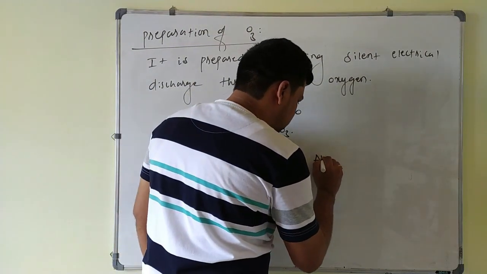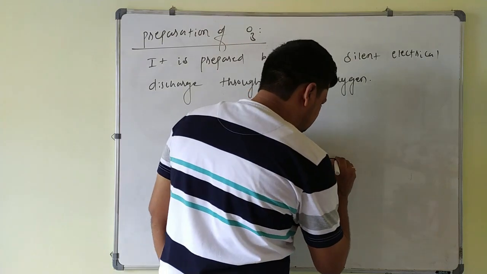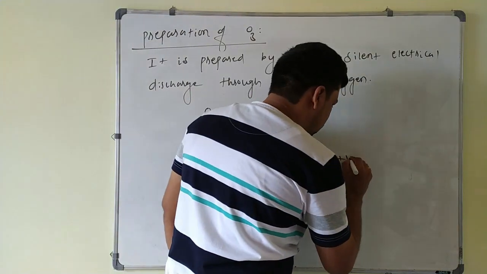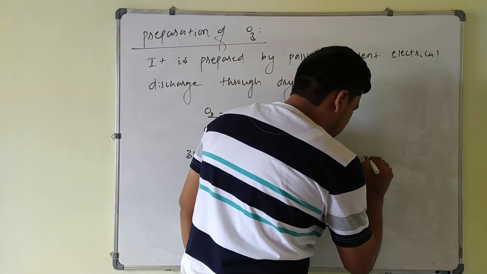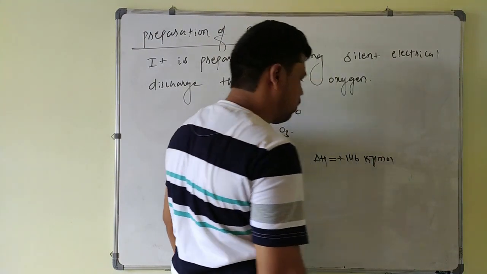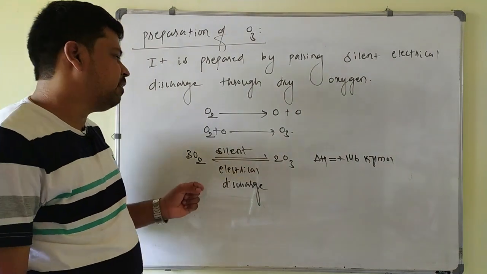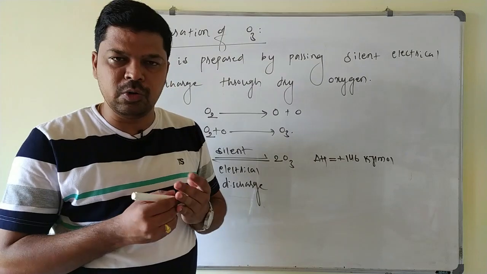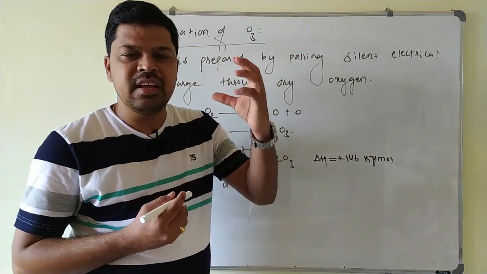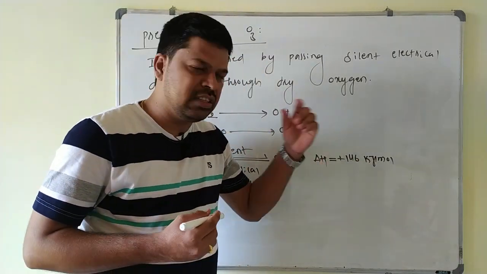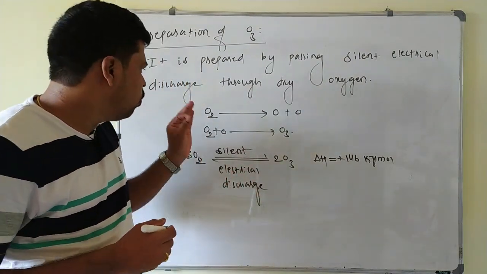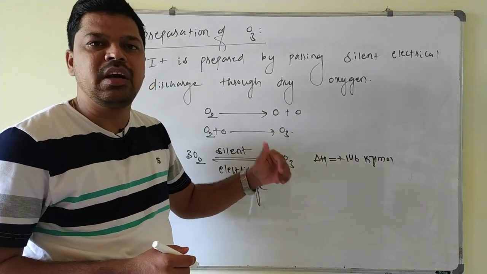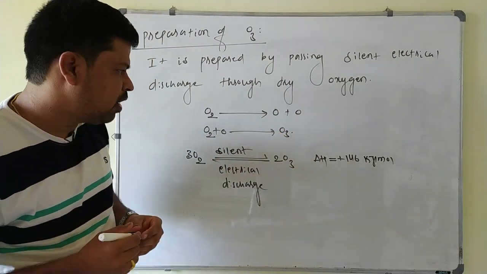The formation of O3 is endothermic, so for every 1 mole of O3 formed, plus 146 kilojoule per mole of energy is required. Always keep in mind, according to thermodynamics, any system that has stored energy is highly unstable. That's why O3 is thermodynamically unstable. It readily decomposes to give dioxygen and atomic oxygen.